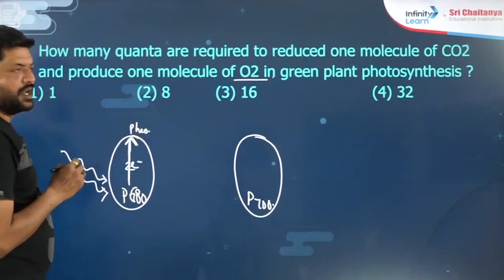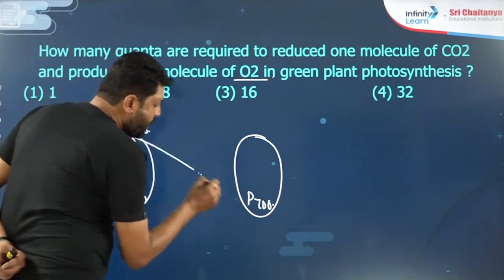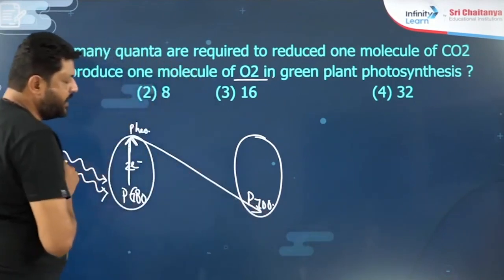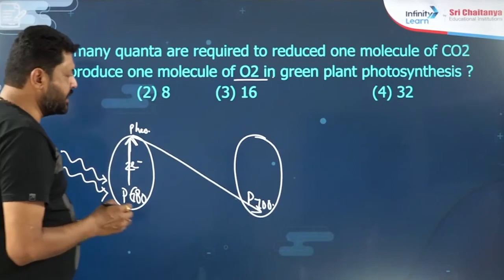What do you call it? Uphill transport. From the acceptor down to the reaction center, that is downhill transport.